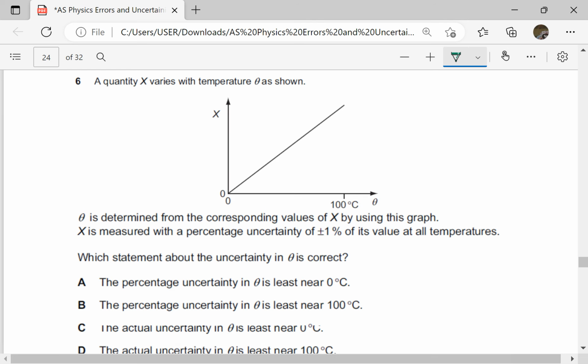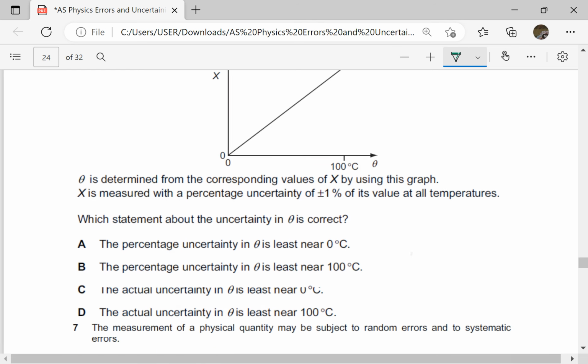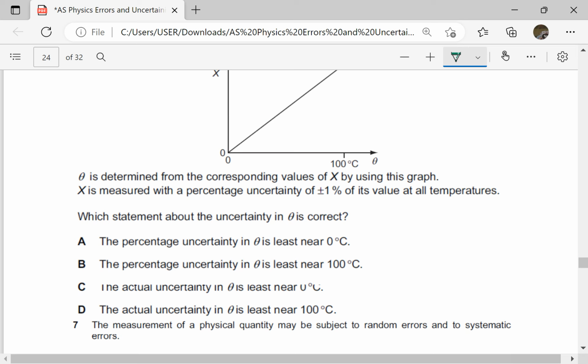A quantity x varies with the temperature theta as shown in the figure. Theta is determined from the corresponding values of x by using this graph. X is measured with a percentage uncertainty of plus or minus 1% of its value at all temperatures. Which statement about the uncertainty in theta is correct? The percentage uncertainty in theta is least near 0 degrees Celsius.